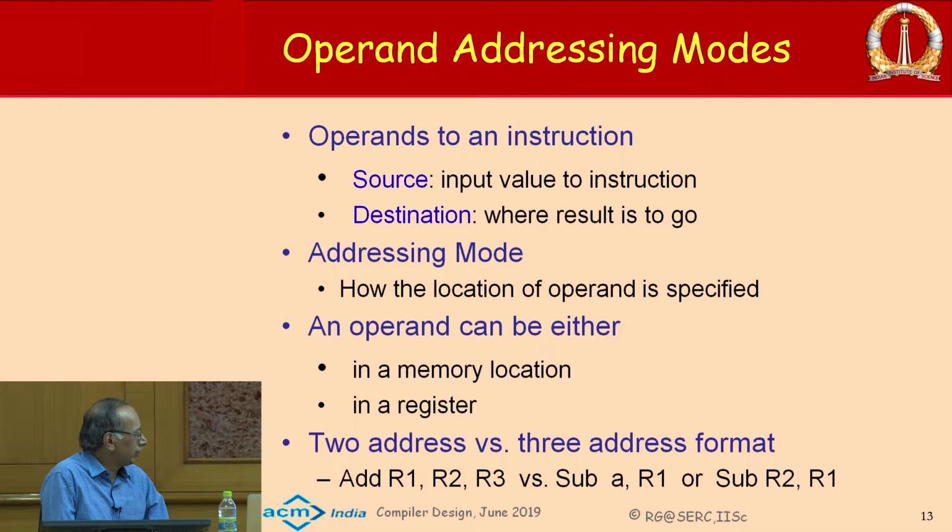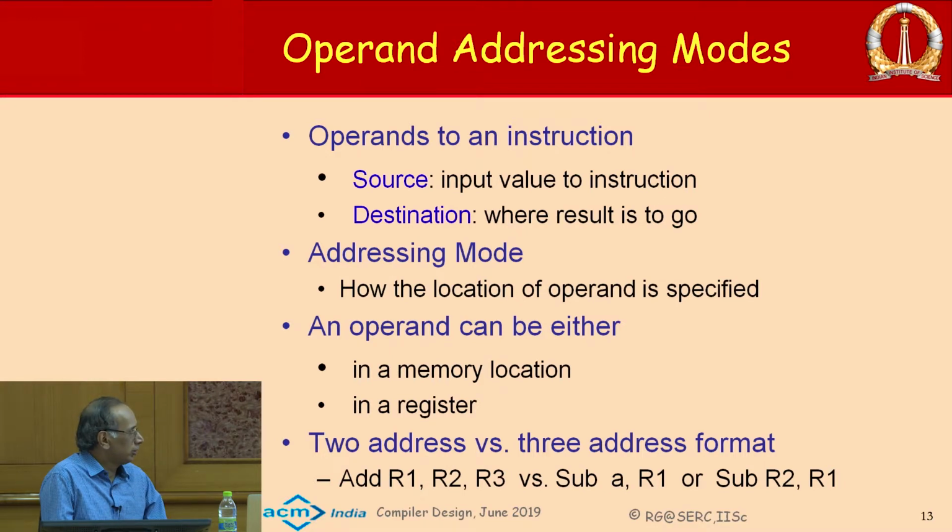But the main difference here is that here you explicitly specify all the 3 operands, whereas here you specify only 2 operands, one of them is the source as well as the destination. CISC instructions are typically of this form, RISC instructions are typically of this form.